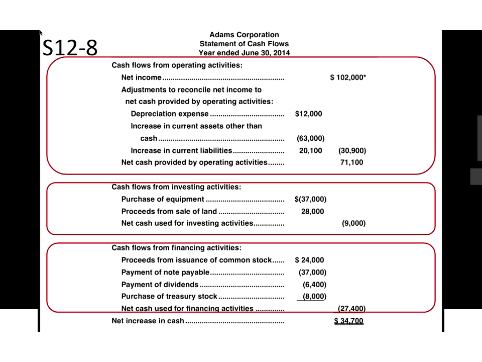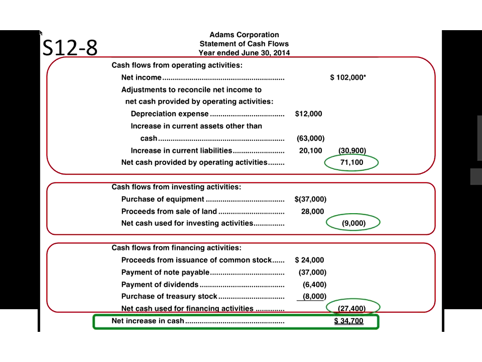So the only part that we have not yet done is the very bottom line, and this is where we take the $71,100, the operating cash flow, and we subtract the net cash used for investing, we subtract the net cash used for financing, and we end up with our net increase in cash of $34,700. So we're going to add those three numbers, the operating, the investing, and the financing together to get our net increase in cash.